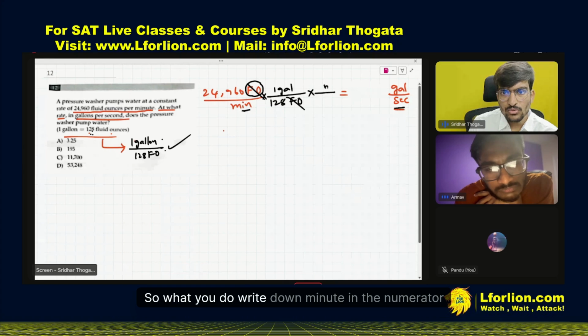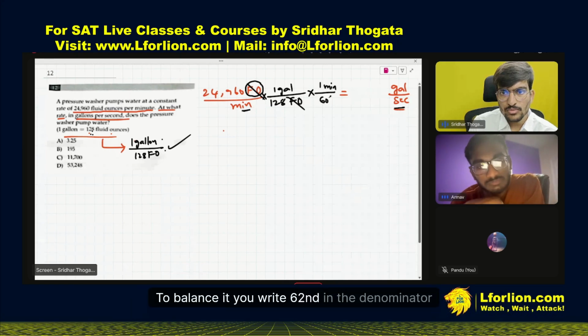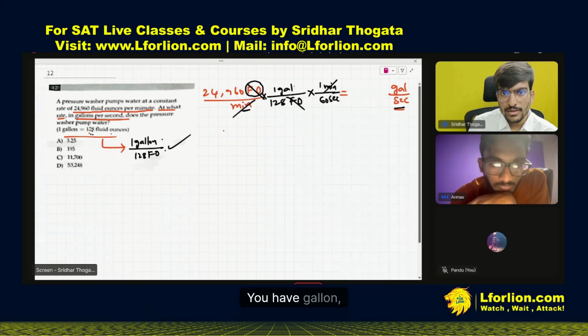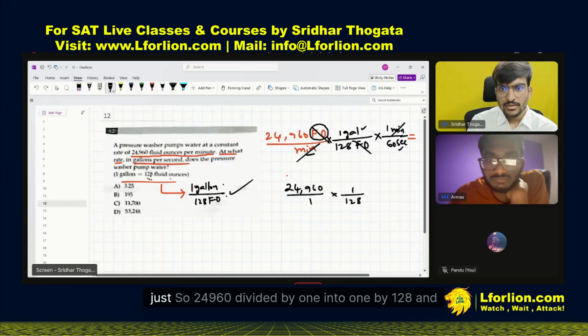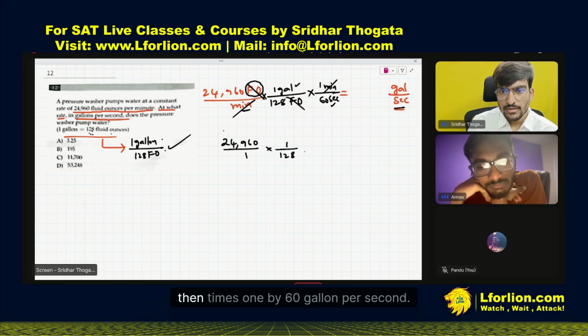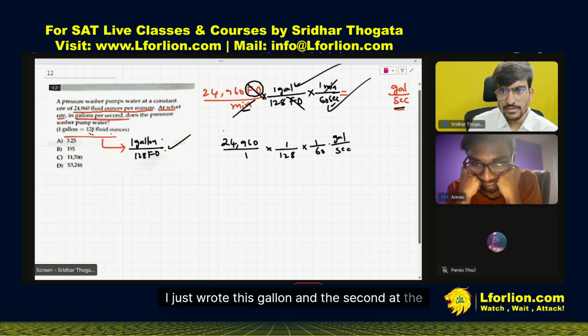So write minute in the numerator to cancel out, and to balance it, write 60 seconds in the denominator. Then minute crosses out, you have gallon, you have second. So 24,960 divided by 1 into 1 by 128, and then times 1 by 60, gallon per second.